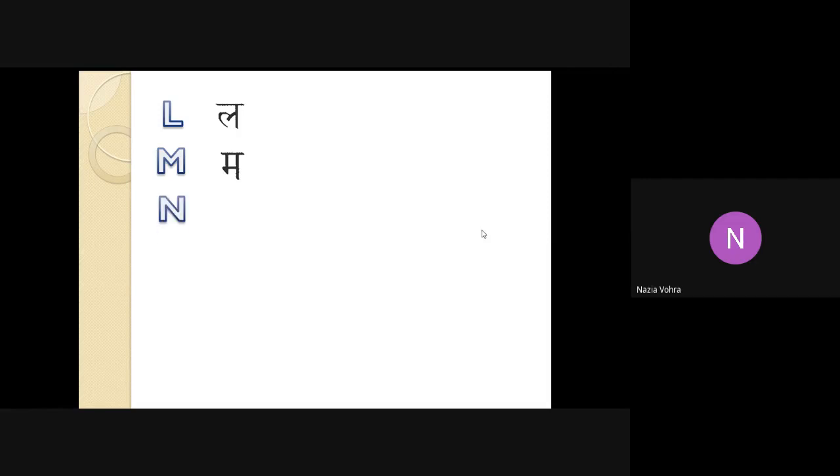N is for N and that is nest. O is O and A and W. O is orange. A is owl. W is one. So all these sounds O, A and W for O.